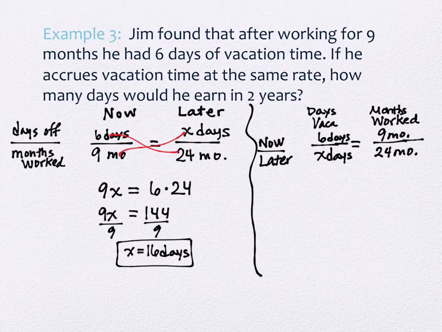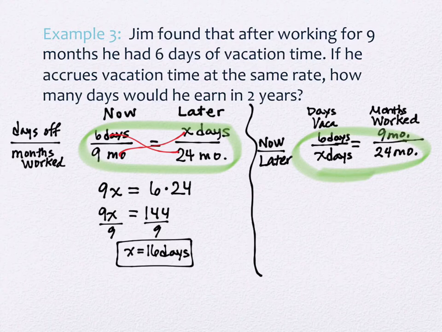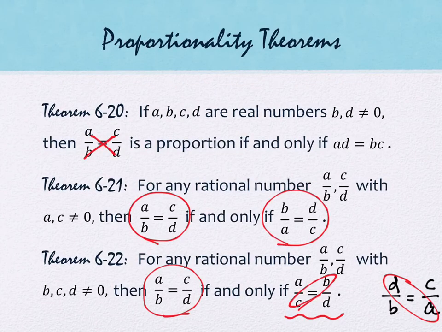Take a look at these two proportions. How are they different? Yeah, there's a diagonal that's been switched, right? That's theorem 622. Okay? So it doesn't matter which of those two ways we set them up.